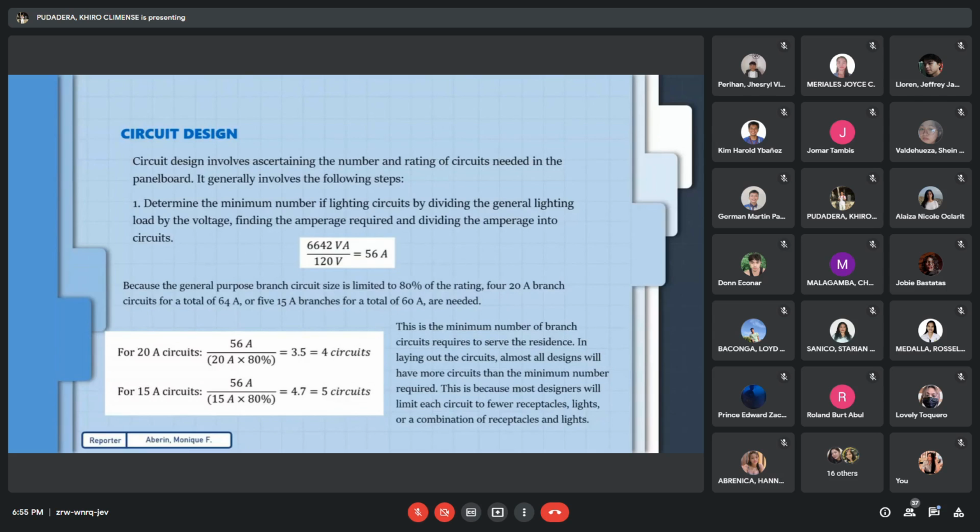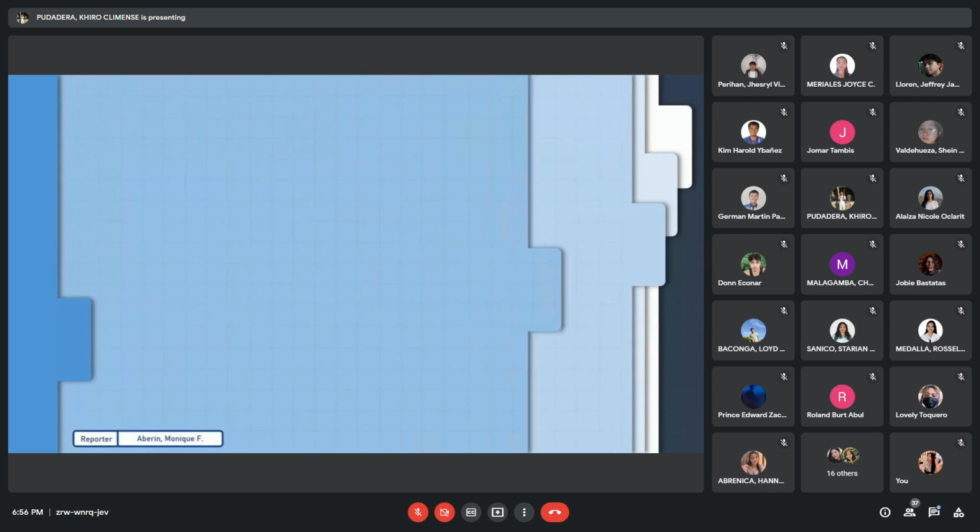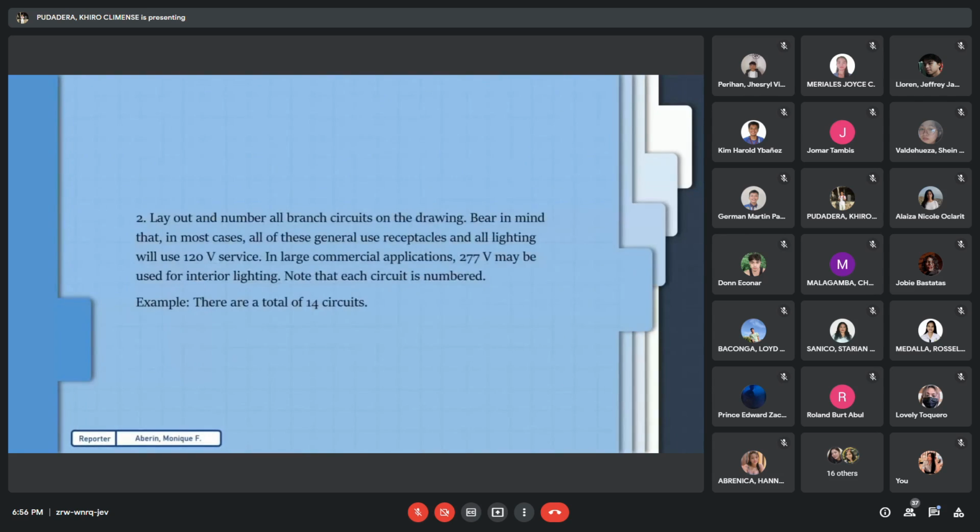In laying out the circuits, almost all designs will have more circuits than the minimum number required. This is because most designers will limit each circuit to fewer receptacles, lights, or a combination of receptacles and lights. Number 2. Lay out and number all branch circuits on the drawing.